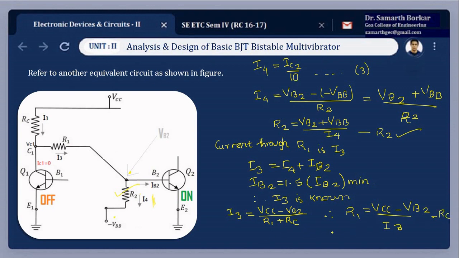So from this exercise, the value of R1 is also known. Thus the final design can be obtained. Just make a note here, for PNP transistors, the supply polarities must be reversed, and accordingly the changes must be made in the above mentioned equations.